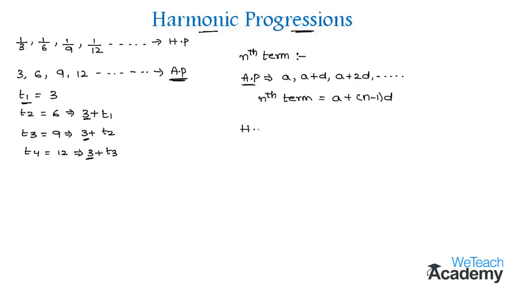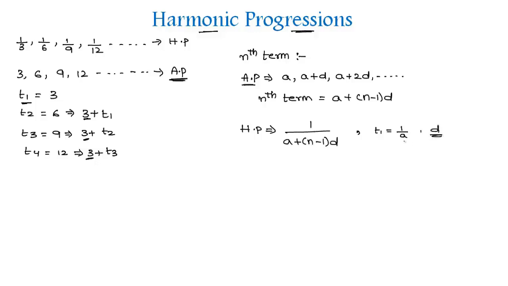The nth term of a harmonic progression is given by 1 divided by a plus n minus 1 into d, where the first term is 1 by a and d is the common difference. So the series of a harmonic progression would come as 1 by a, then 1 by a plus d, 1 by a plus 2d and so on.